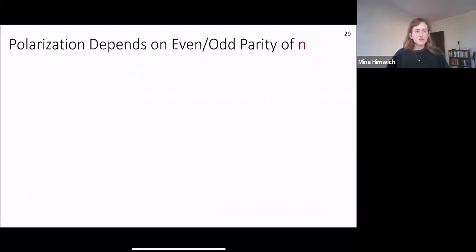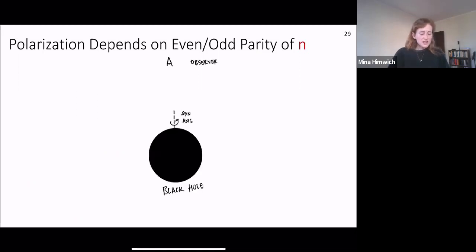Another important part of polarization in images is that it will depend on the even and odd parity of n. The easiest way to see this is by imagining looking at the black hole down the spin axis.